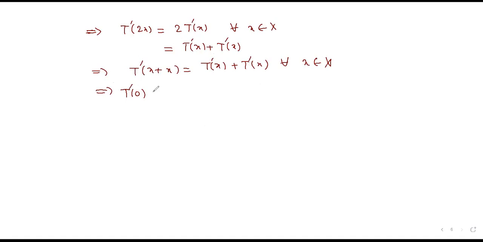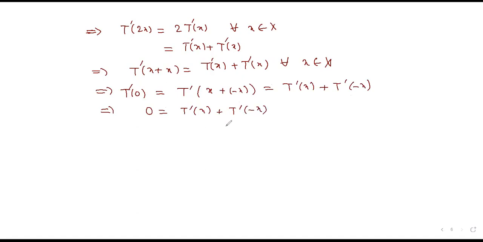So T prime of 0 can be written as T prime of x plus minus x. That is the same thing as T prime of x plus T prime of minus x. But T prime at 0 is equal to 0. It means 0 is equal to T prime of x plus T prime of minus x, which implies that T prime of minus x is equal to minus T prime of x.